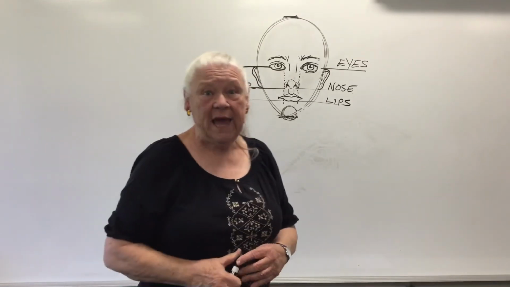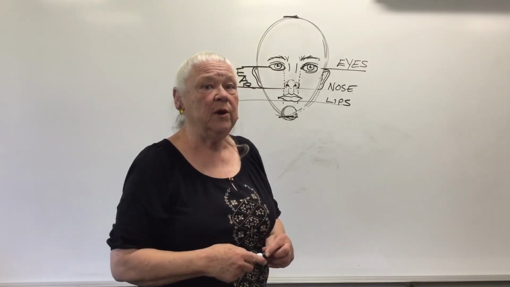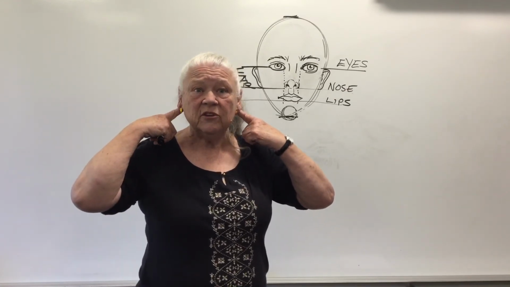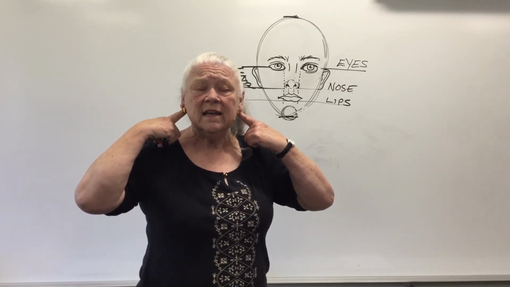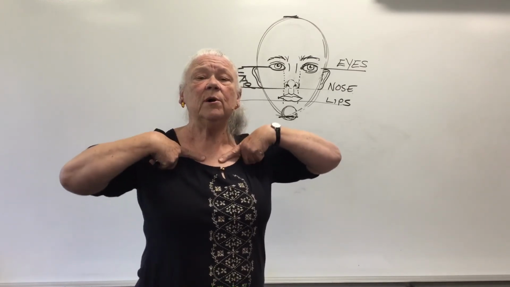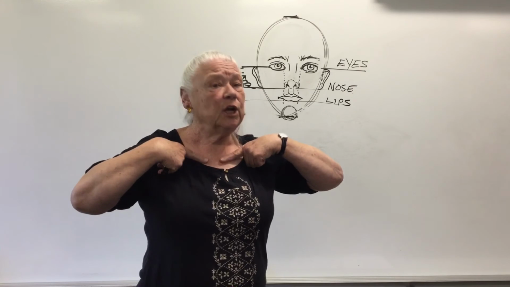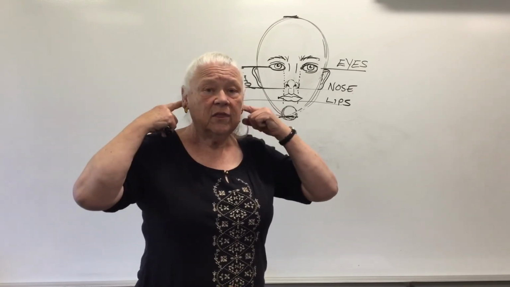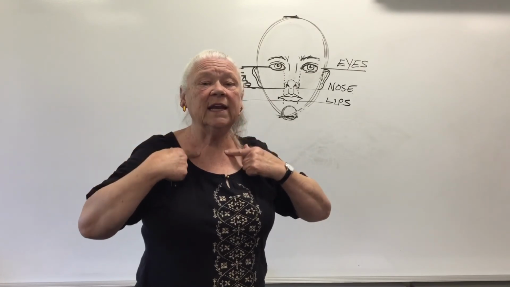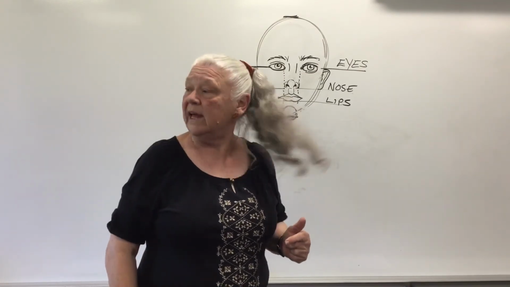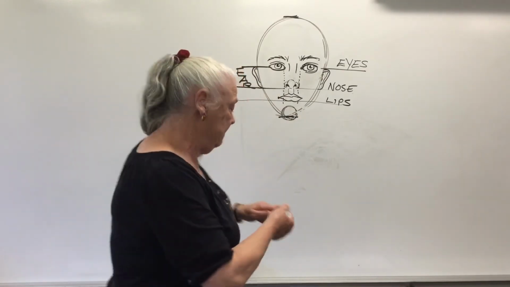The next thing we have to be sure we do is know that the neck, actually there's a muscle, comes right behind the ear and down here to these little bones that come together, collarbone or clavicle, right here. The muscle comes down and attaches to those bones, and it enables us to turn our head from side to side, okay?